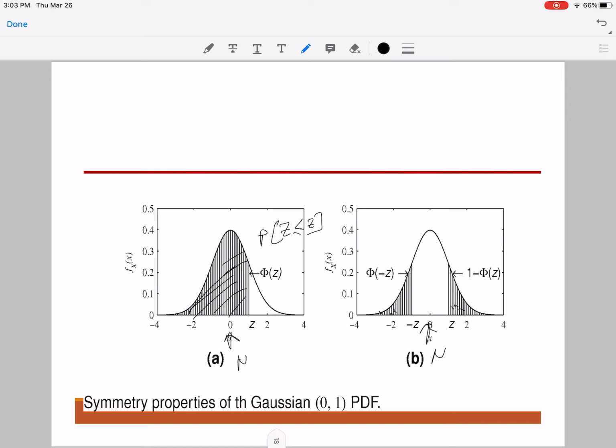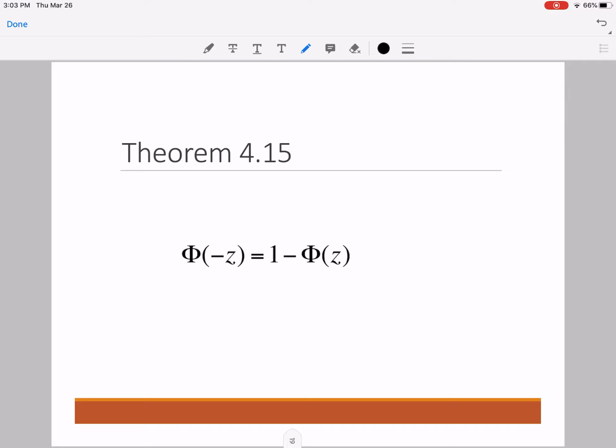So it essentially tells you that the probability that the random variable is greater than z is equal to the probability that it is less than negative z. So that's theorem 4.15. It tells you the probability that Z is less than or equal to negative z is equal to the probability that it is greater than small z.